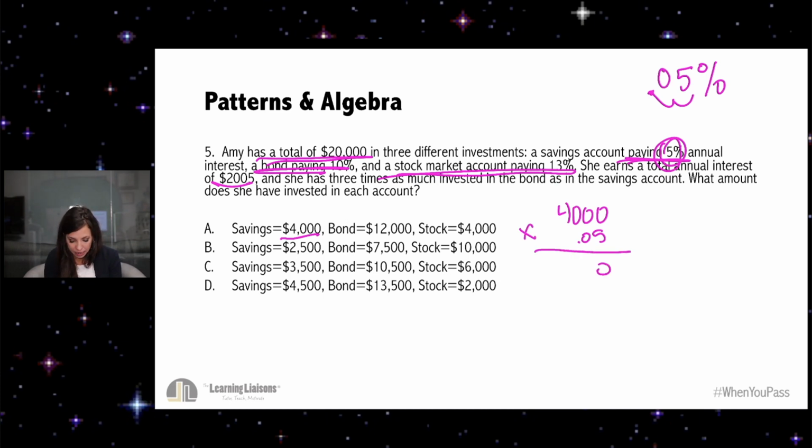And I end up getting 20,000. However, I'm going to have to move my decimal place because I was multiplying by a decimal. So I get $200. Bond. I'm going to go ahead and multiply my $12,000 by a value of 10%.